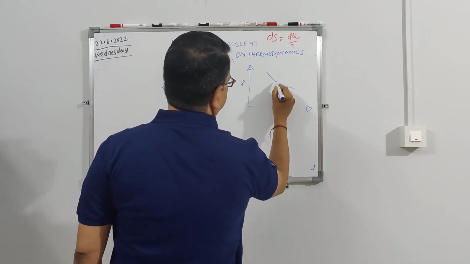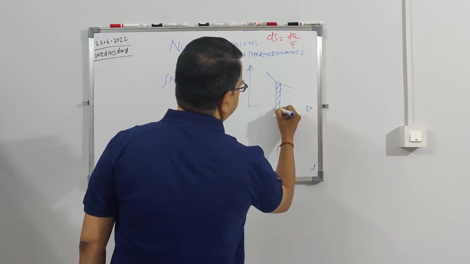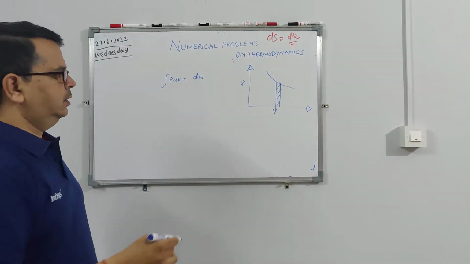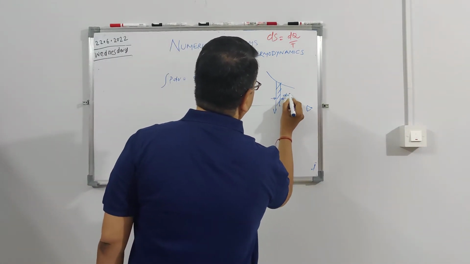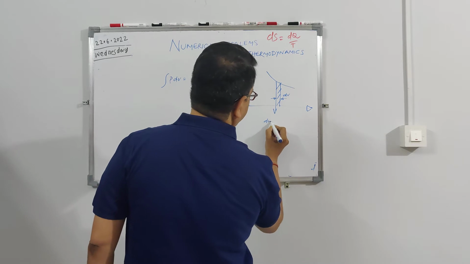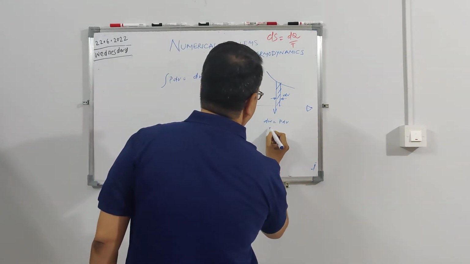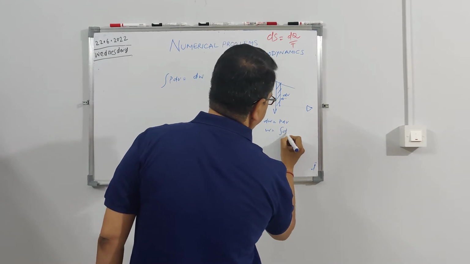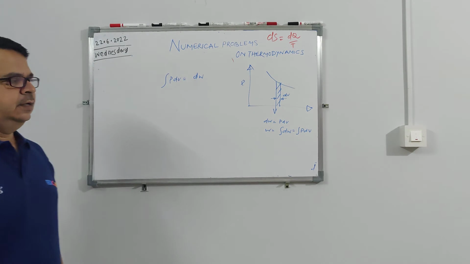This area is actually the infinitesimal work. This is P and this is your dV, and dW is equal to P into dV, right? So then W is equal to the integration of dW, the integration of P dV, right?